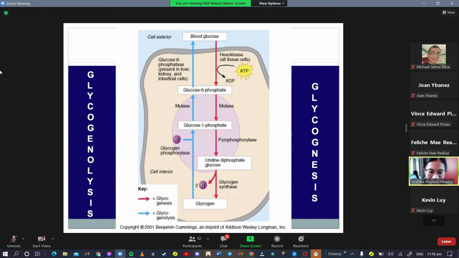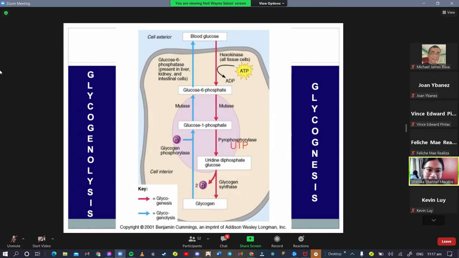We have 1 phosphate here already, and then we have a diphosphate afterwards.